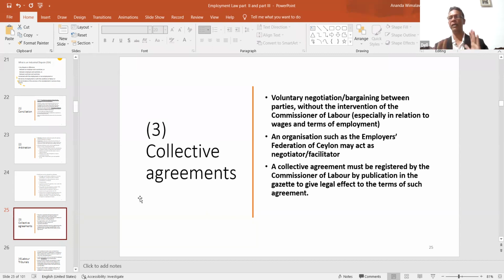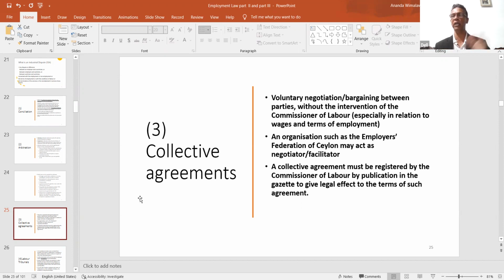You know, ladies and gentlemen, in order to determine terms and conditions of employment within the context of Sri Lankan labor law, we have a couple of mechanisms. One is the Minimum Wage Act, the initial one, number 3 of 2016.